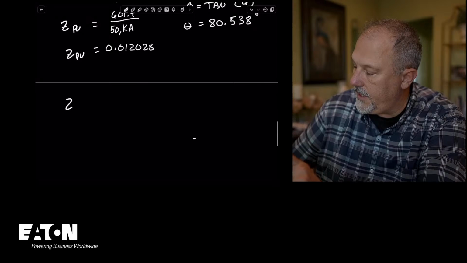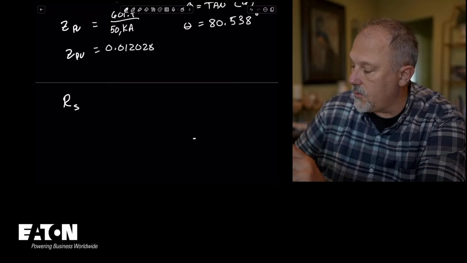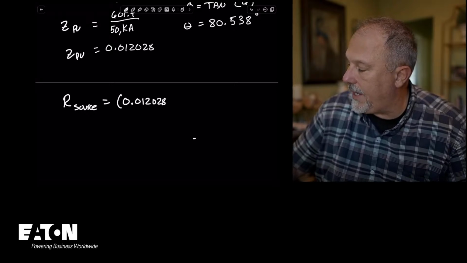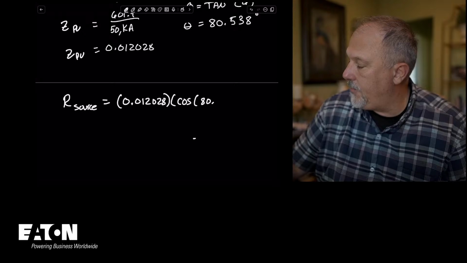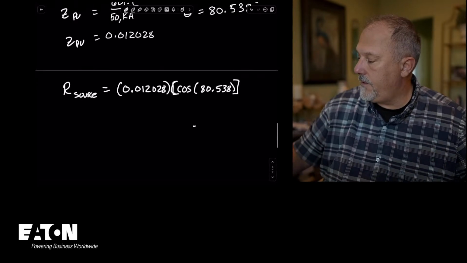So the real R source is equal to the number 0.012028 times cosine of 80.538. All right.